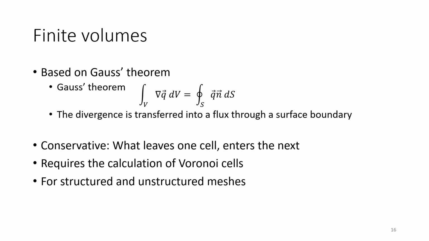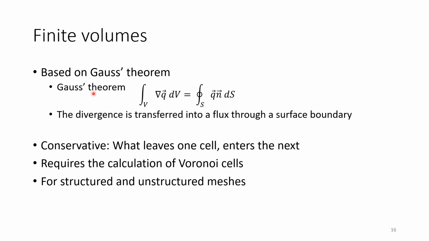Finite volumes, as I said, are especially helpful for fluid dynamics because they are based on the Gauss theorem. I don't want to go into detail here, but what it's expressing is we have a lot of divergences. So the multiplication of a nabla operator with a vector field, and we integrate this over volume.